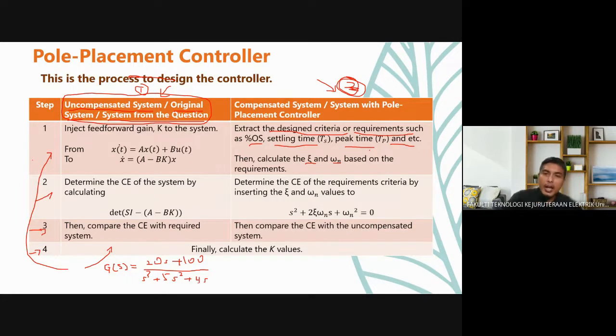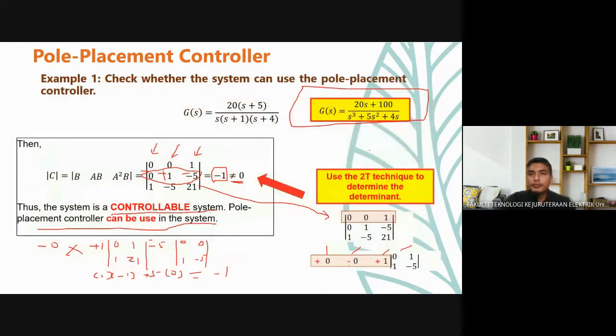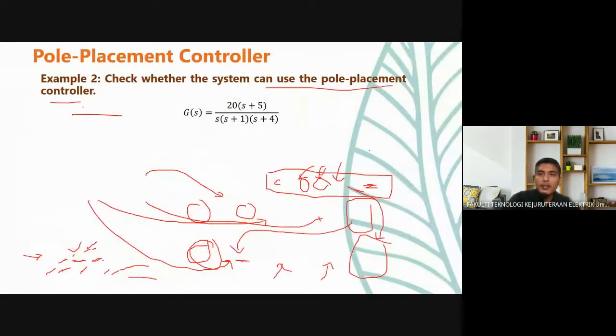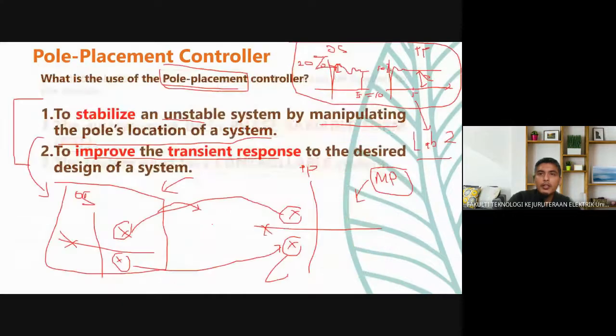As I told you before, according to the previous slide, the original system, the first part, tells you that you have 20% percentage overshoot.